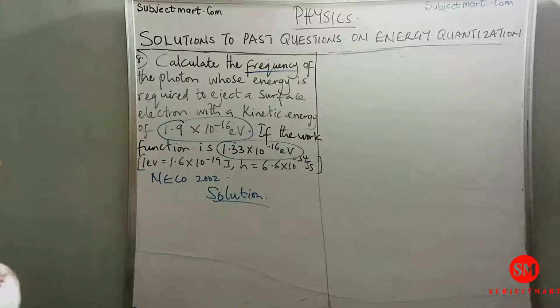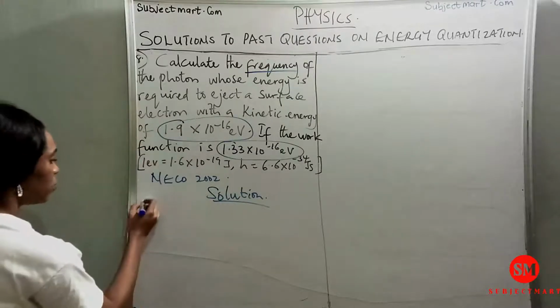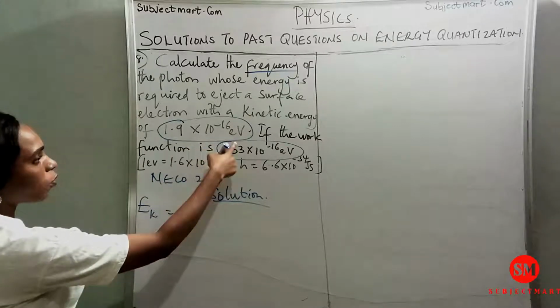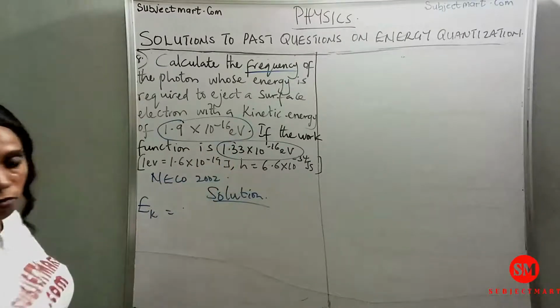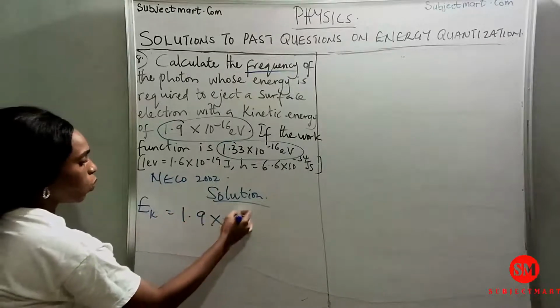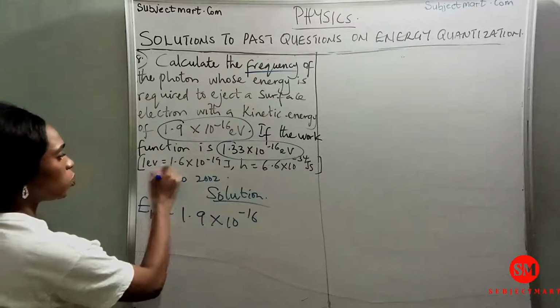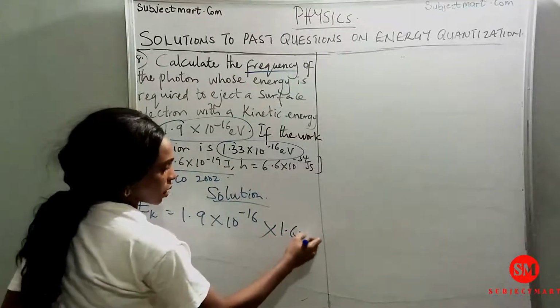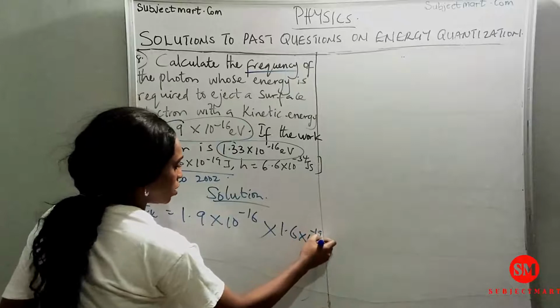So from the question, the kinetic energy is given in electron volts. First we need to convert that to joules. So how do we do that? 1 electron volt is equal to this. So we multiply by 1.6 times 10 raised to the power minus 19 joules.